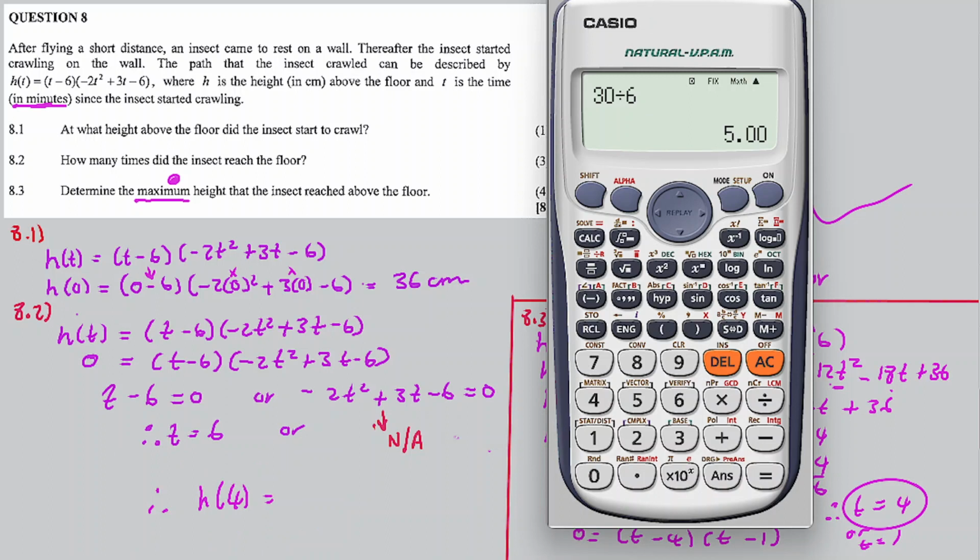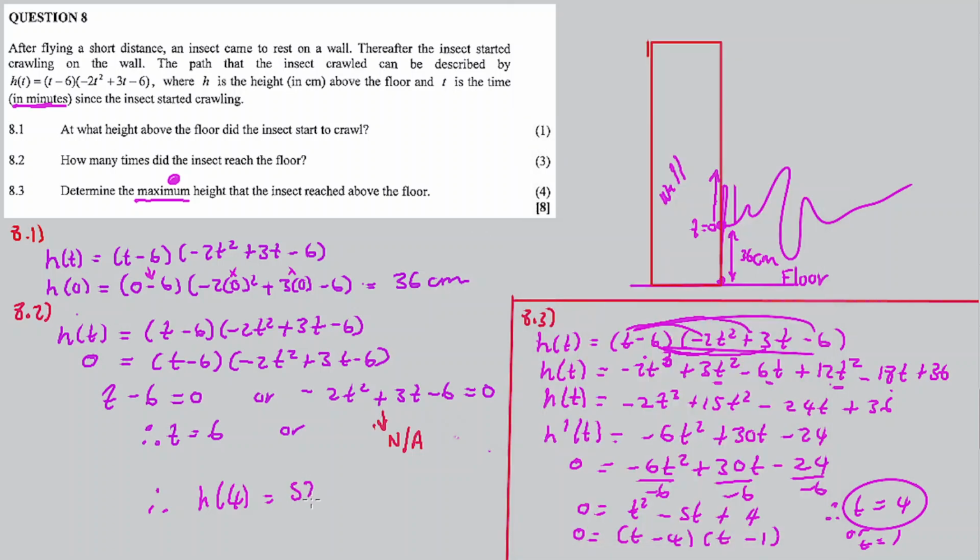So we open bracket 4 minus 6 close bracket, times negative 2 and negative 2t squared, so it's times 4 squared, plus this equation. Actually it's the original one, so it's 3 times 4 minus 6 close bracket is equal to 52. So the maximum height the insect traveled is 52 centimeters.